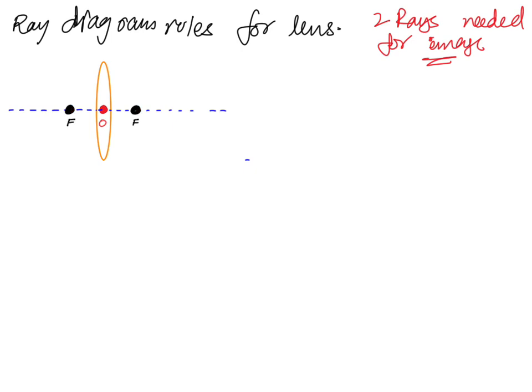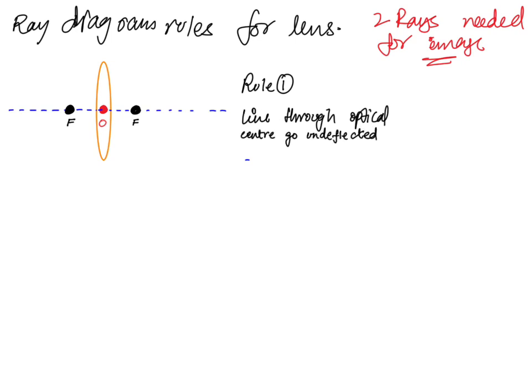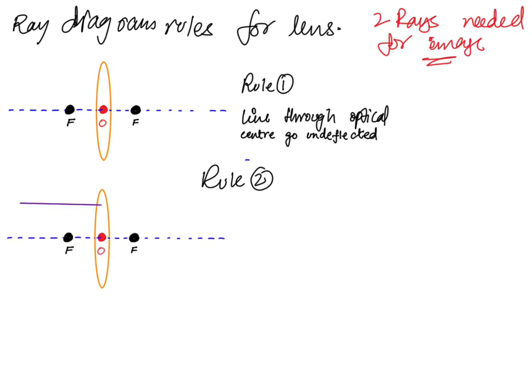So what does that mean? Just look here. This line, which was coming parallel to the principal axis, after it strikes the lens, will pass through the focal point.